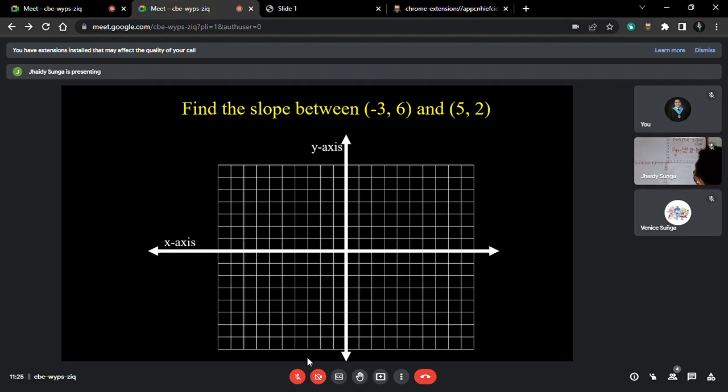This is our formula, you know it already. What is the formula of a slope? The formula of a slope is rise over run, that's delta y over delta x. So m is equal to delta y over delta x.